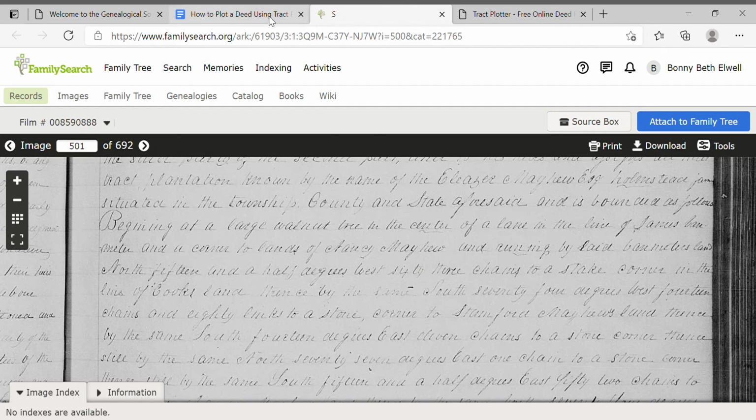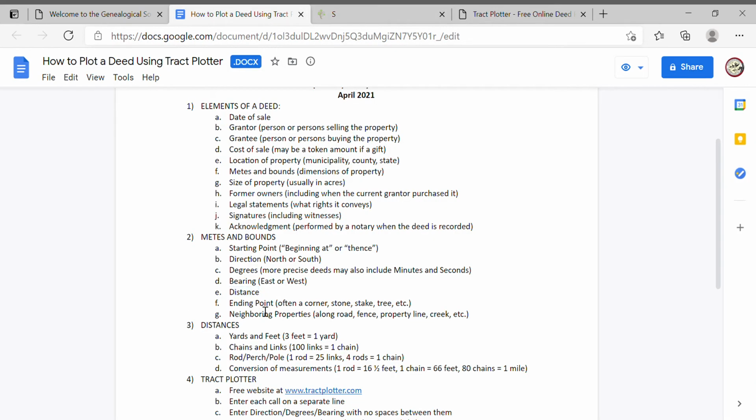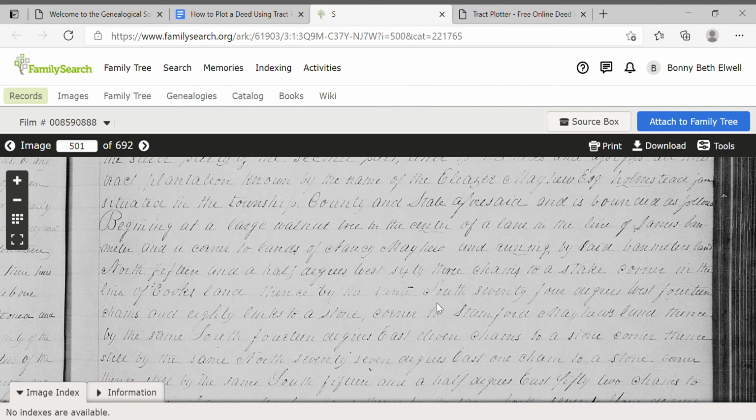And then the last part there is the ending point. Okay, this is often a corner, a stone, a stake, tree, etc. So what's it say? 63 chains to a stake corner in the line of Cook's land. Okay, so the stake is the ending point, but it also describes it as a corner because it's in the line of Cook's land.